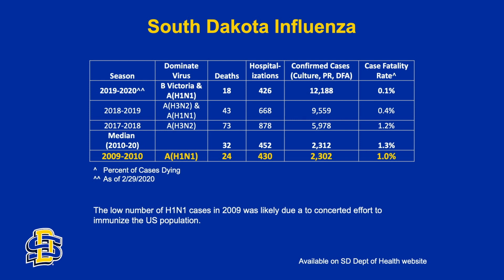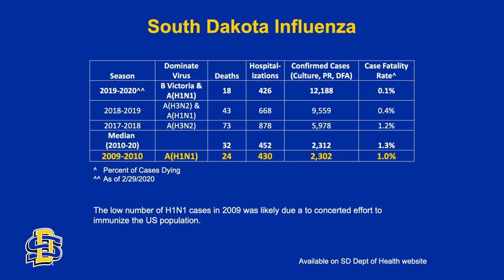And one virus, an H2N2 one year, may have a higher mortality rate than H2N2 the other year, just depending upon who's getting it. But this year, the fatality rate for this flu season is 0.1%, so very low. A lot of people in South Dakota got it, about 12,000 people.